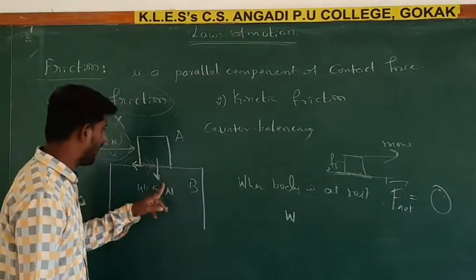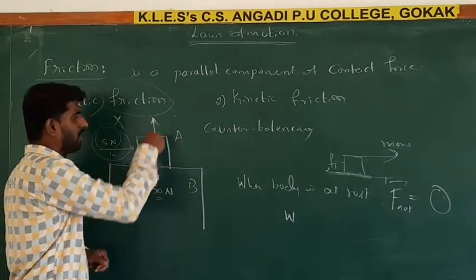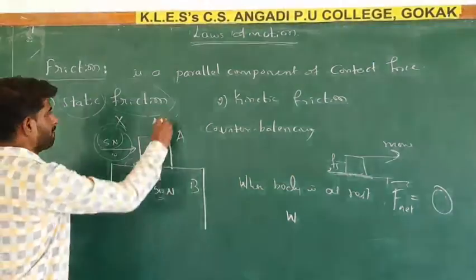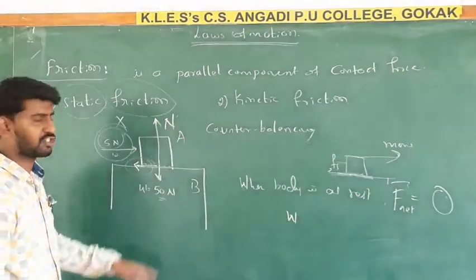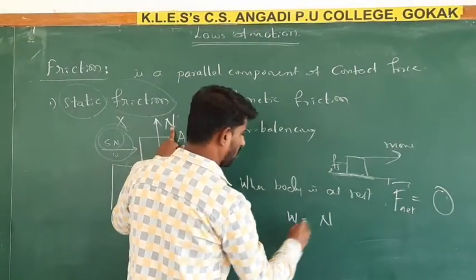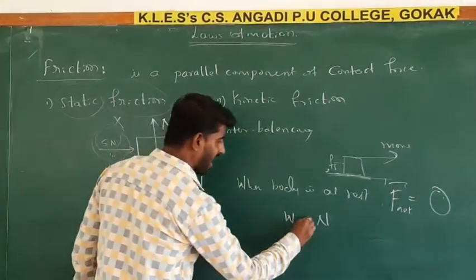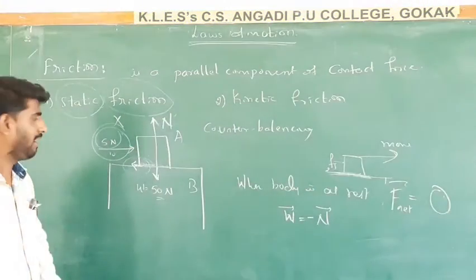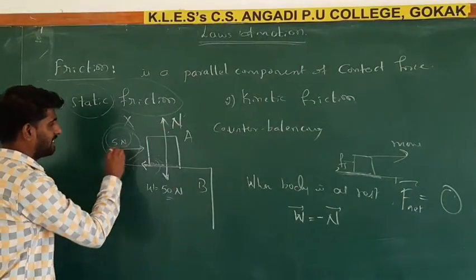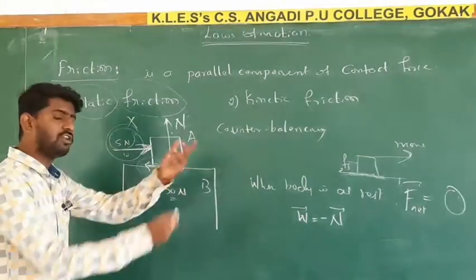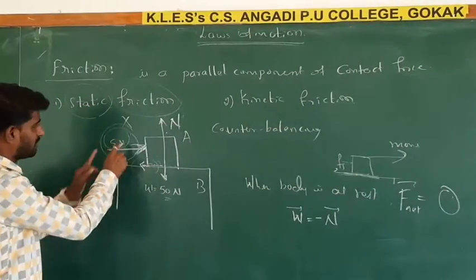This weight is balanced by the vertical component of the contact force, which is called normal reaction. So W is equal to the normal reaction in magnitude, and they are opposite in direction. These two forces are cancelled, and there is one more force applied in the horizontal direction, and the body is not moving at all, which means this applied force is also cancelled.